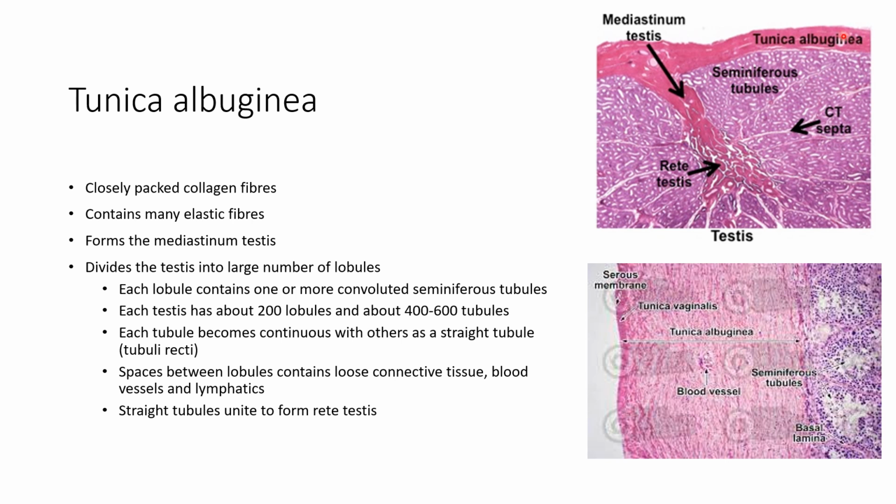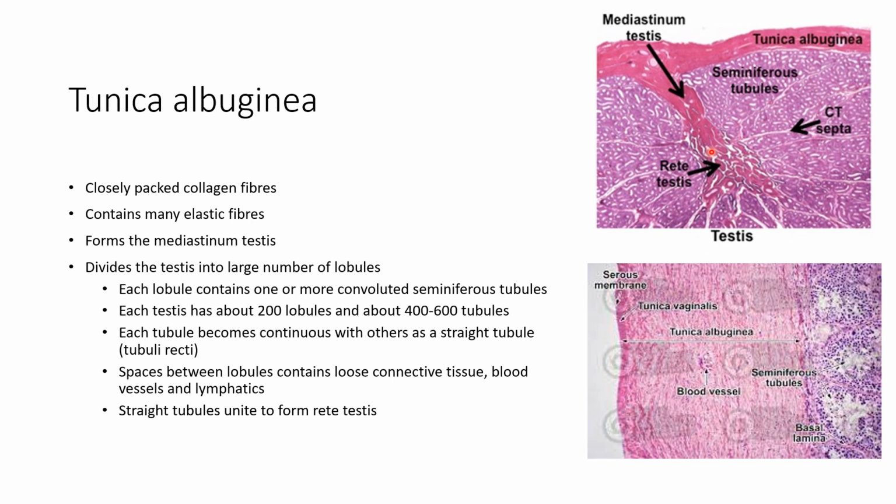You can appreciate the tunica albuginea at this point and how it tends to send septa into the main tissue substance of the testis and begins to divide it into lobules. So when they send this septa within, they divide the testis into lobules.